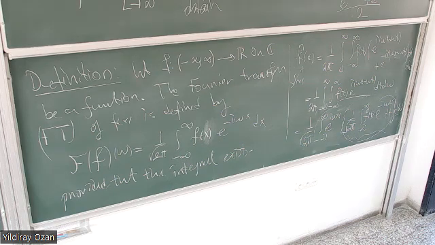Neyse. Okey. Şöyle diyeyim. F tilde diyeyim. F tilde bu F x olacak. So this is F tilde of W.